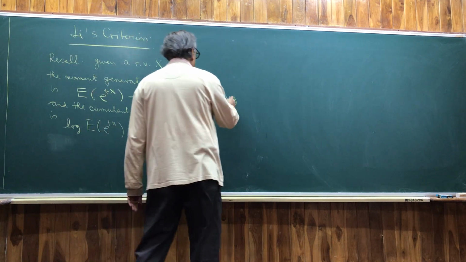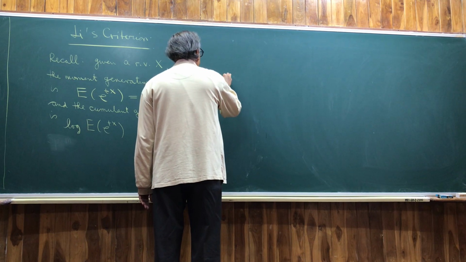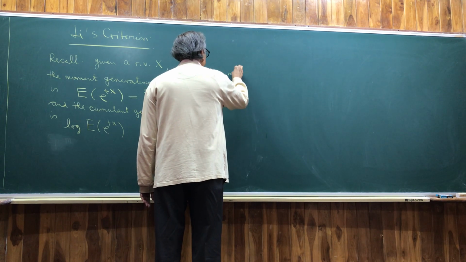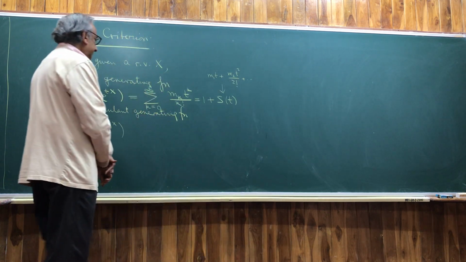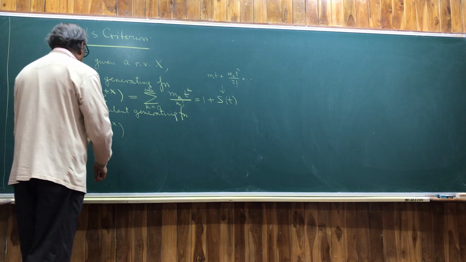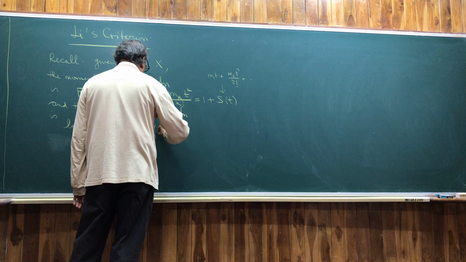So this is equal to 1 plus m1 t plus m2 t squared over 2 factorial, dot, dot, dot. Therefore, the log of this thing is log of 1 plus s of t.